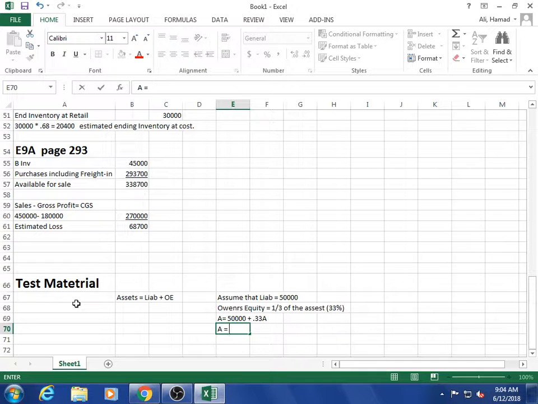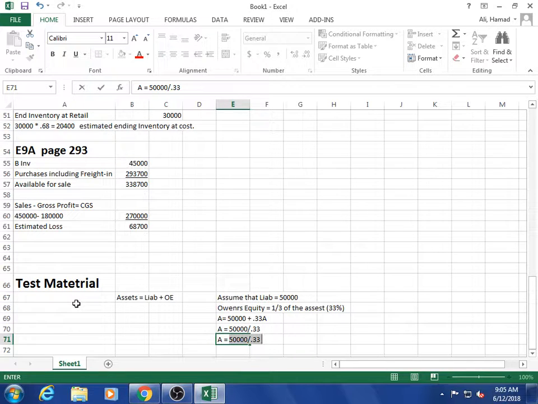A equals 50,000 divided by 0.33, and that equals... I'm getting 151,515.15.